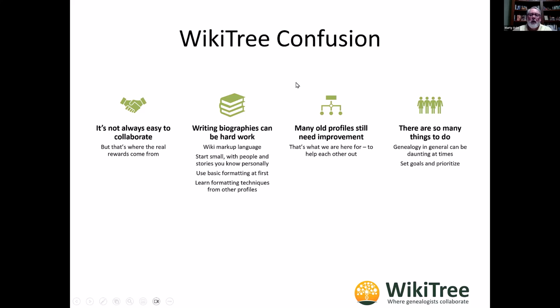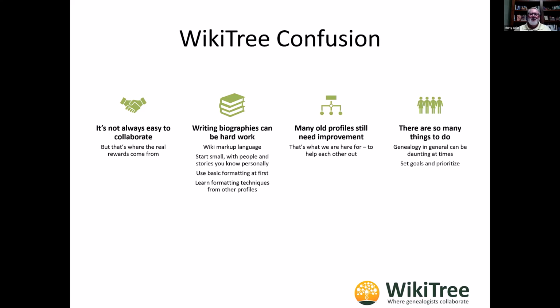One of the knocks on things like WikiTree, and I would lump Family Search into that, is that there are a lot of old profiles and a lot of garbage out there. If you go into WikiTree and dig deep enough, you will find a profile that just says somebody imported this GEDCOM 10 years ago. They're still out there.